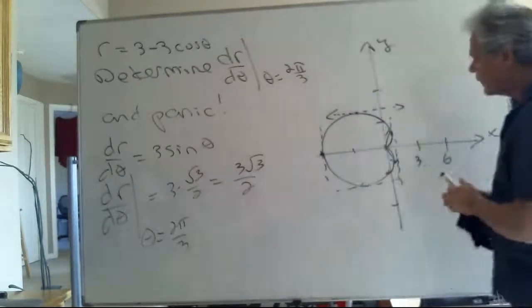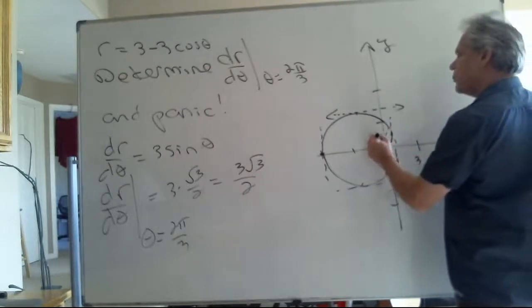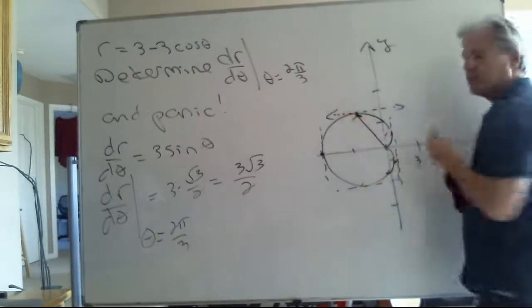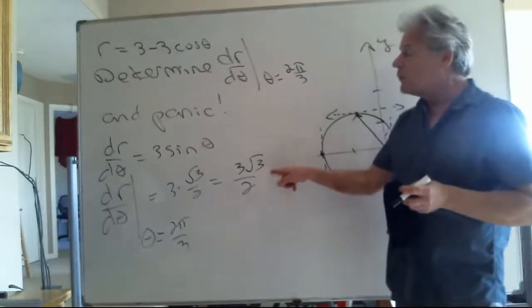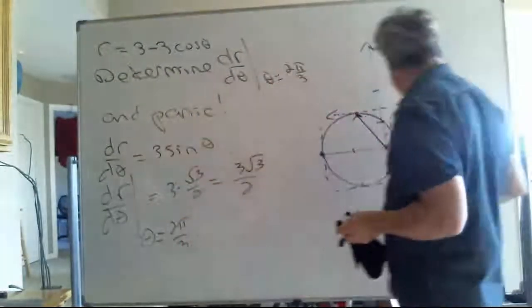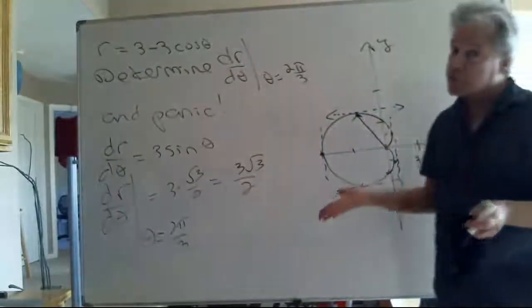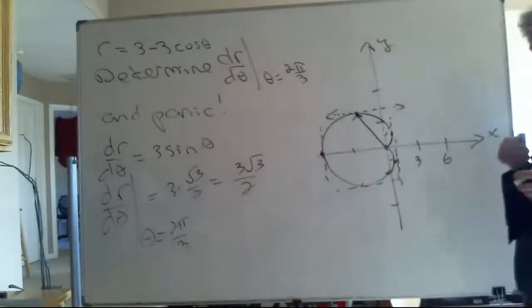Because I think when theta is equal to 2 pi thirds, that's where we found a point at which the tangent line was horizontal. But that's not equal to 0. The reason why it's not equal to 0 is because this does not represent slopes of tangent lines in the xy coordinate plane. It might represent slopes of tangent lines in the r theta plane, but that's not where we're living.